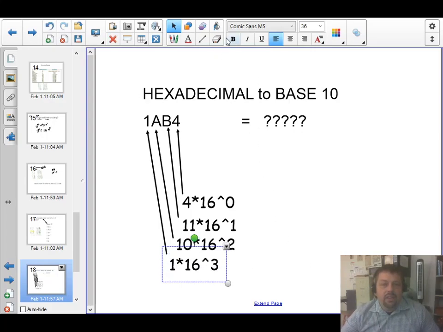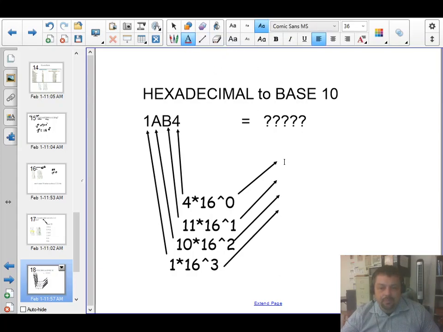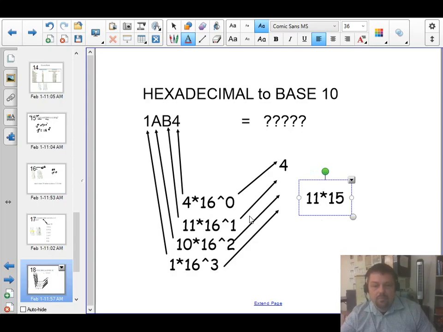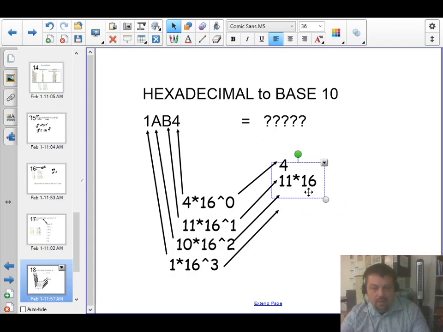So if we add all these up into our base 10 number system, that's going to be 4 plus 11 times 16, and then down here we're going to have 10 times 256 because that's 16 squared.